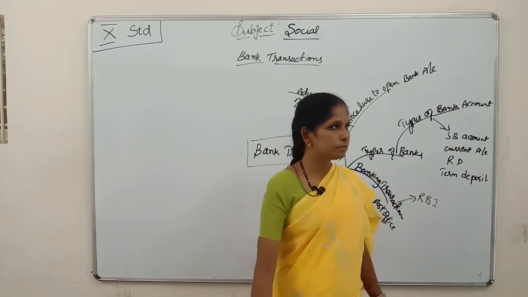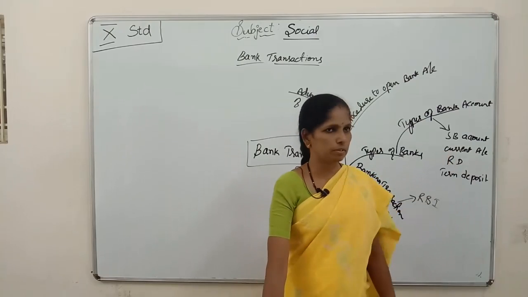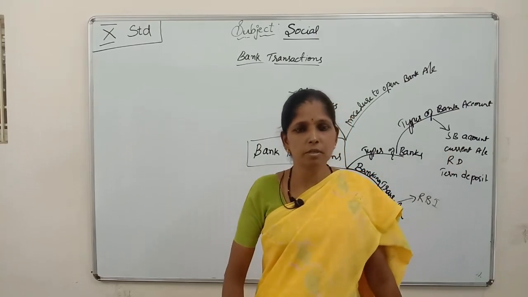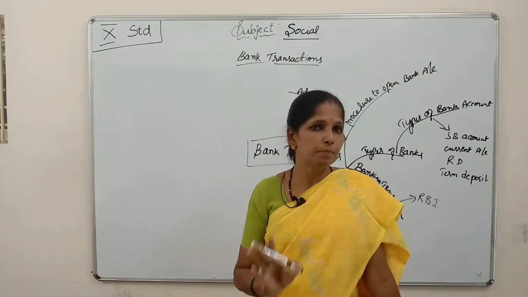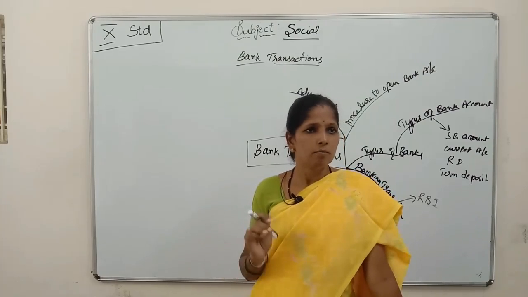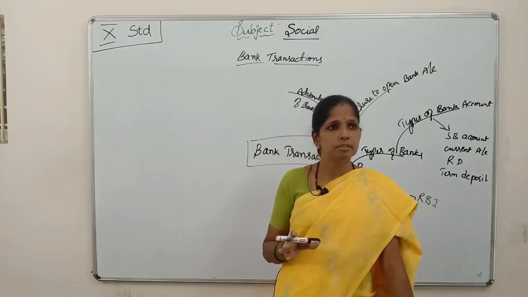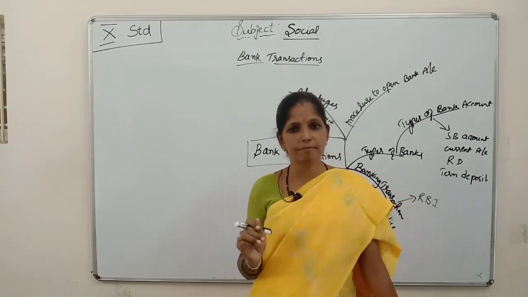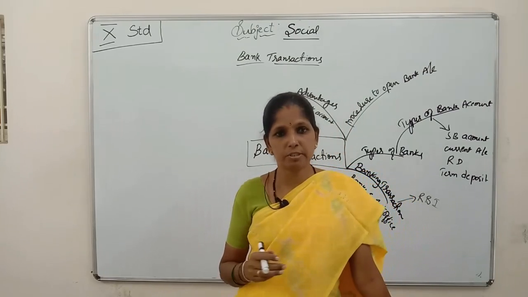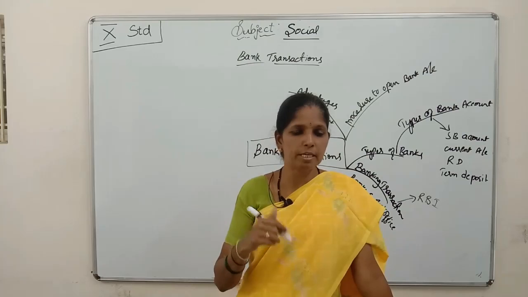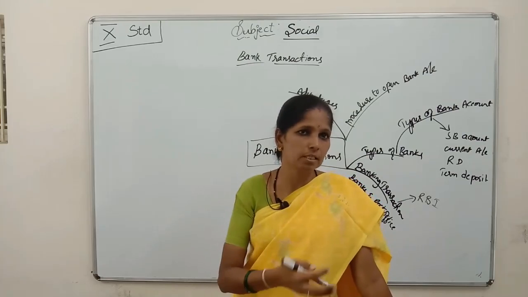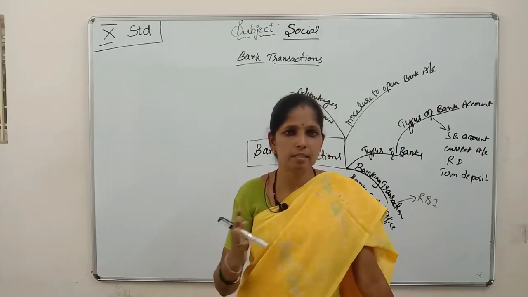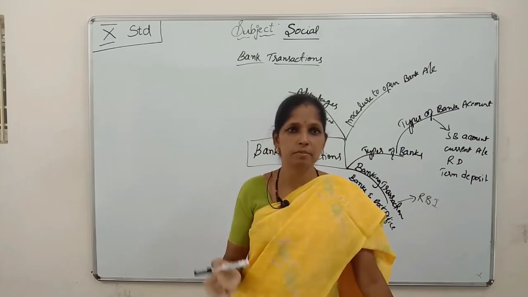So coming towards the current account. This current account is opened only for businessmen. Why? Because a businessman will have a large number of regular transactions with the bank. They won't deal with 1,000 or 2,000 like that. The dealing will be done in lakhs and sometimes crores.